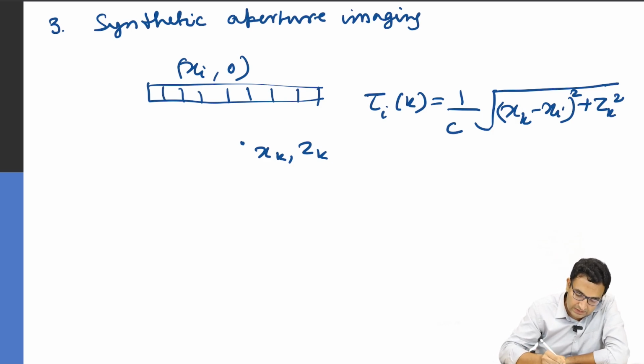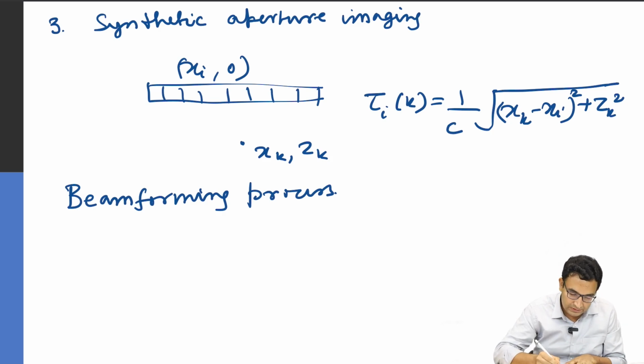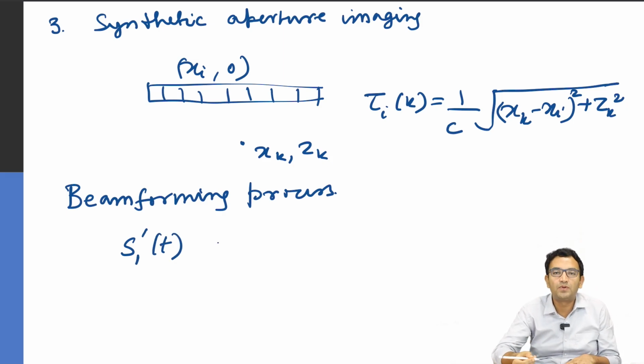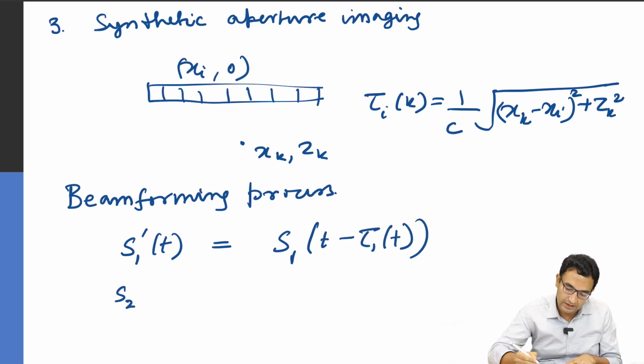So my process summary essentially is, first you estimate the delay and then you create S1 prime of t. Let's call this S1 prime of t my appropriately delayed signal. So let's say my signal is S1, okay? So it is S1 of t minus tau 1 of t, right?